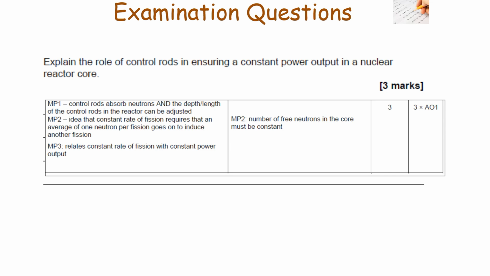If you want a constant power output or a constant fission rate, you need 1 neutron per fission event going on to induce another fission. So the control rod absorbs any more above 1, as it tends to be either 2 or 3 in a fission event. Because you've got a constant rate of fission, you've then got a constant power output in your nuclear reactor.